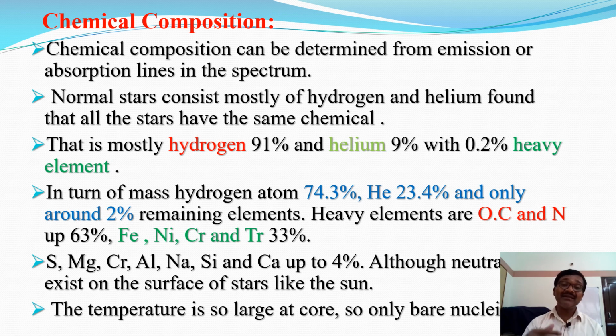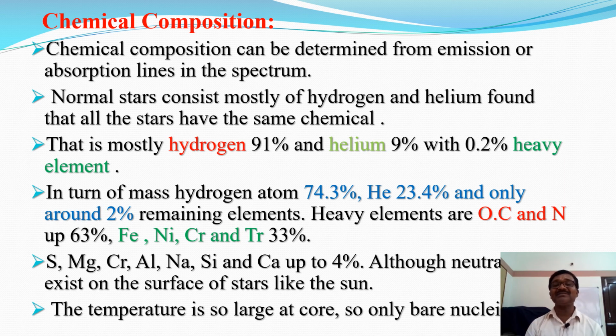In terms of mass, hydrogen is 74.3%, helium is 23.4%, and only around 2% are the remaining elements: oxygen, carbon, nitrogen, iron, nickel, chromium, and others. Some other heavy elements, such as sulfur, magnesium, chromium, aluminum, are also present.